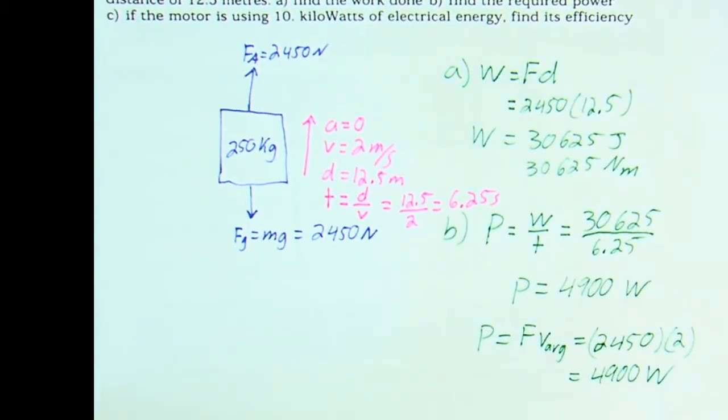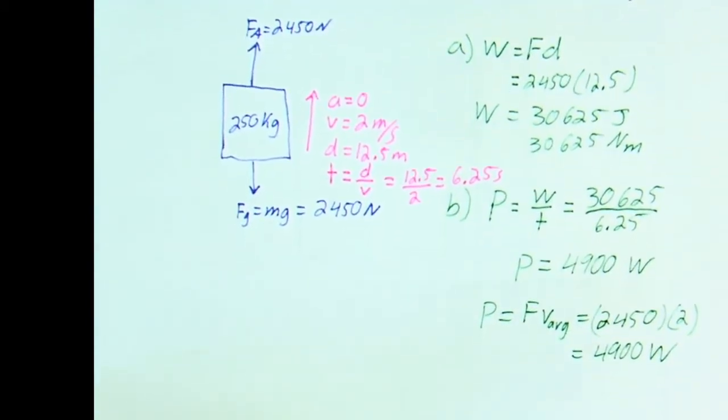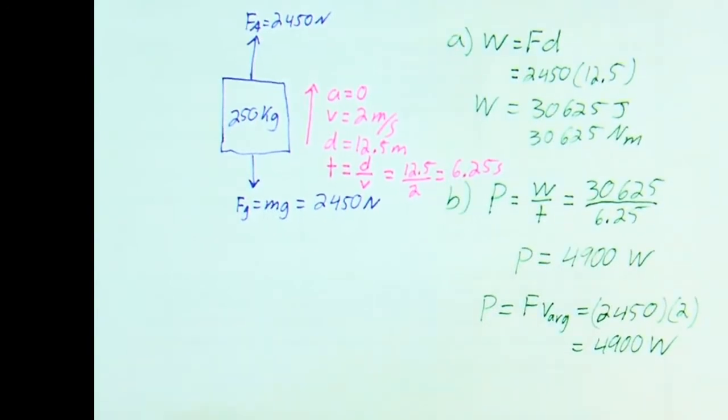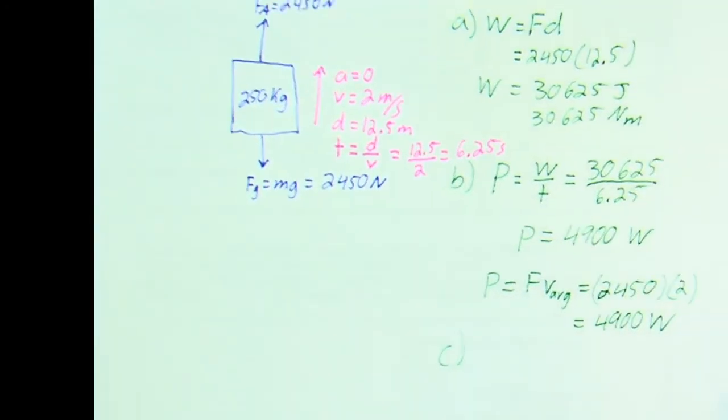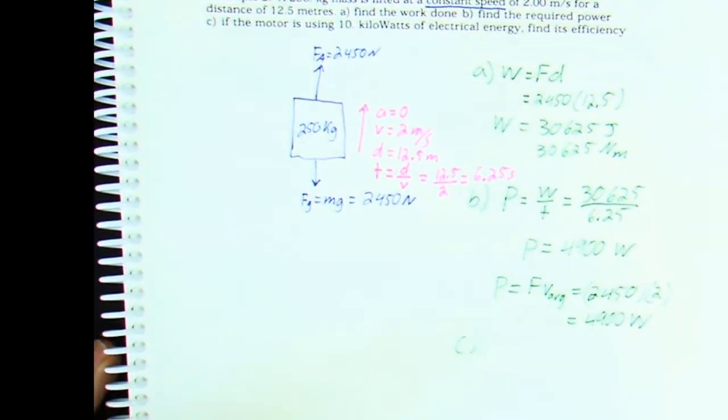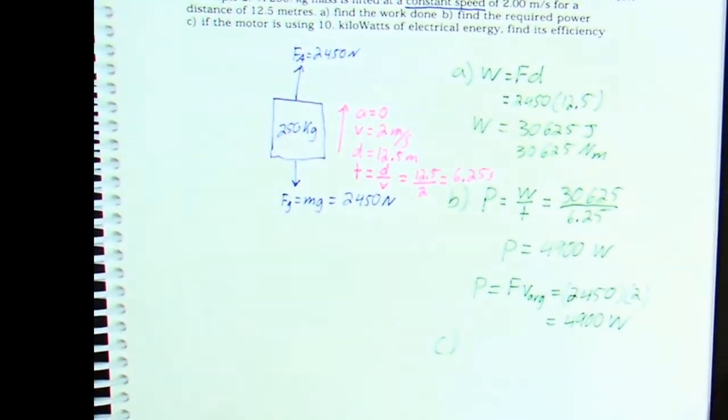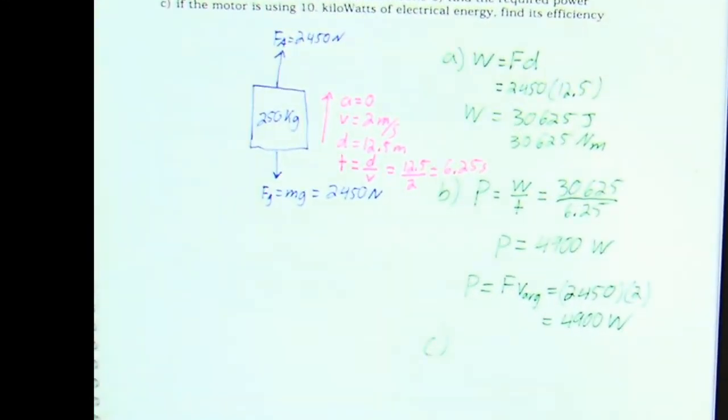Let's go over here and take a look at C. Let's slowly slide this thing down here. Question C. If you've got your books in front of you, you'll see that it's asking for the efficiency. We're told that the motor is using 10 kilowatts of electrical energy. Find the efficiency. Sorry, that's getting a little blurry.